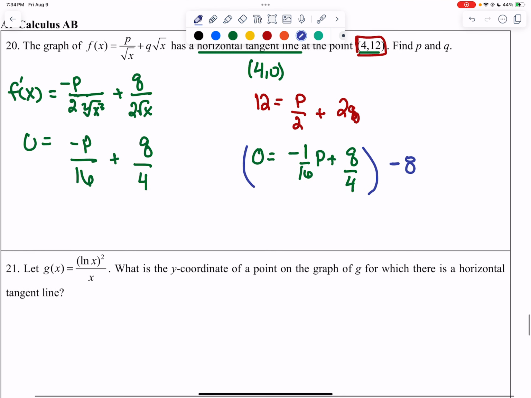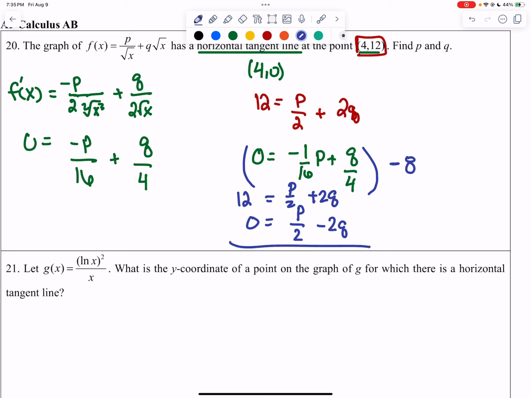If I do that, I'm going to get p over 2 minus 2q is equal to 0. And 12 is equal to p over 2 plus 2q. If I add those, I get 12 is equal to p. Crazy.